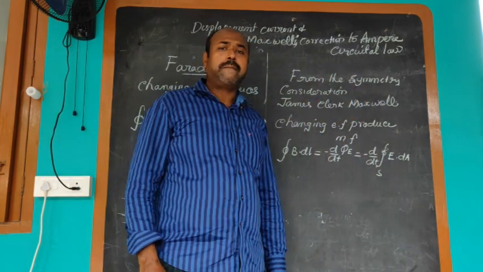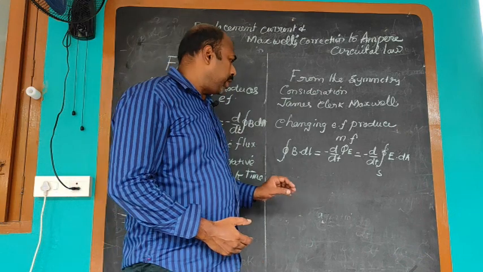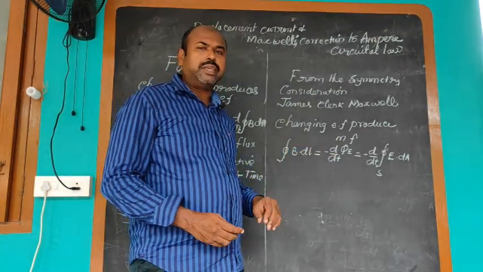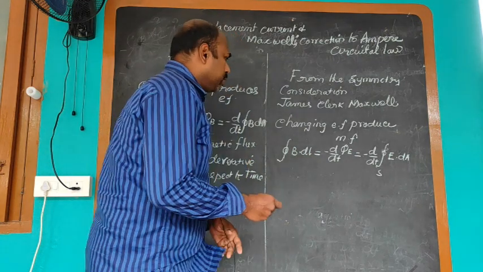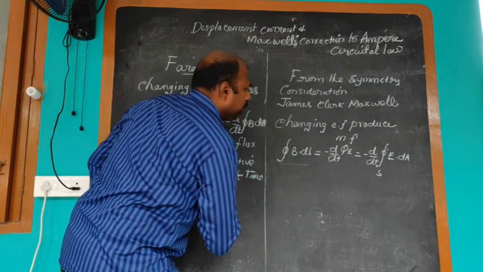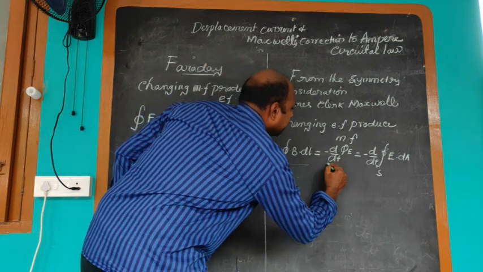Here I hope you understand what is represented in the mathematical notation. I would like to explain once more. This is the magnetic field produced in the closed loop due to the change in electric flux.